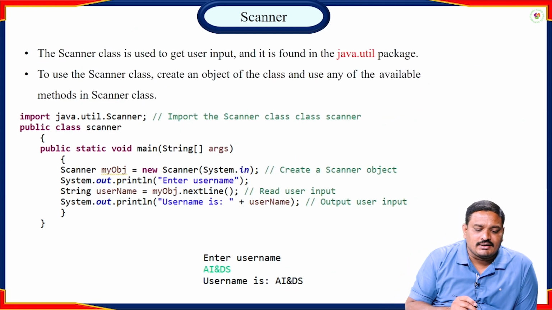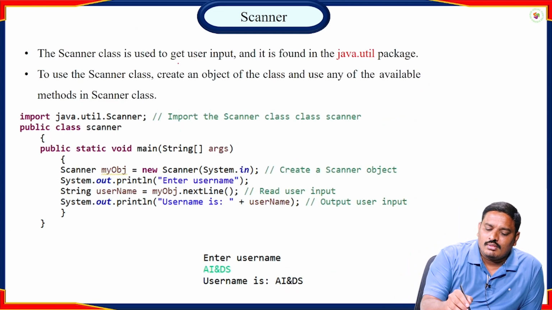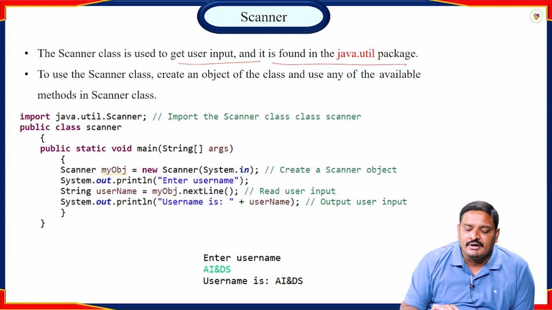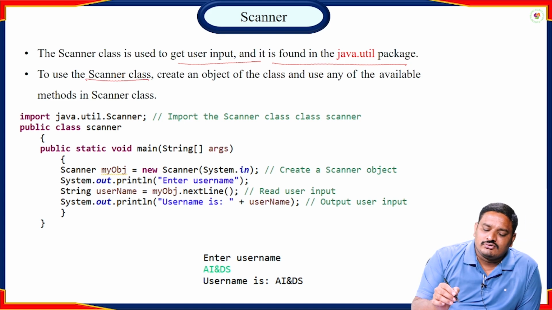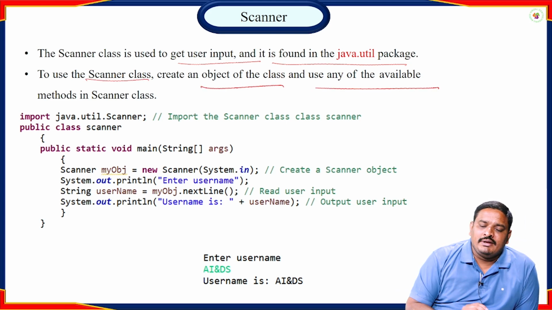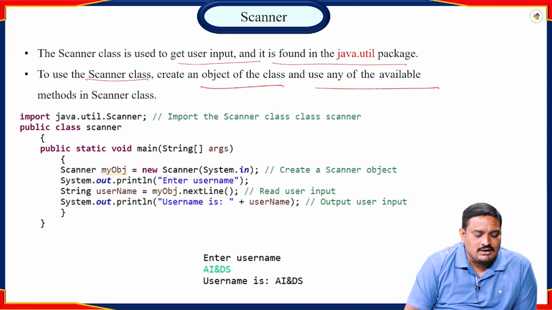Next one is the Scanner class. The Scanner class is used for input and is found in the java.util package. To use the Scanner class, first you create an object of the Scanner class and use any of the available methods of the Scanner class.